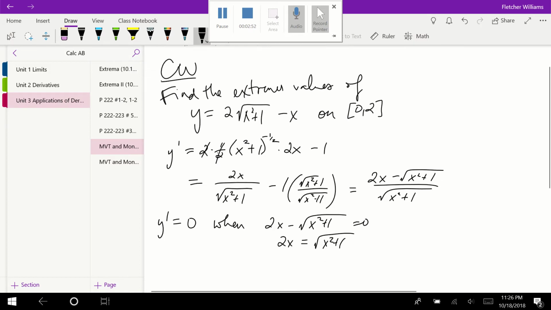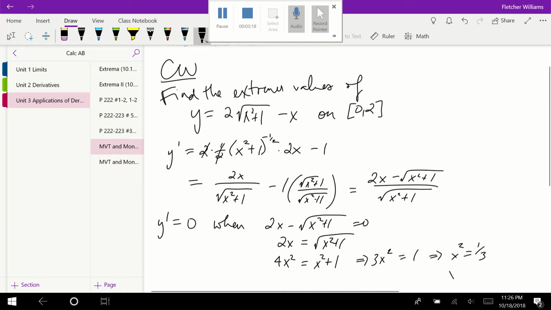And then I would square both sides. That leaves you with, if you subtract x squared from both sides, 3x squared is equal to 1. X squared equals a third. X equals plus or minus root 1 over 3.